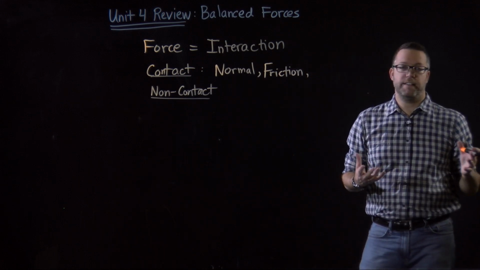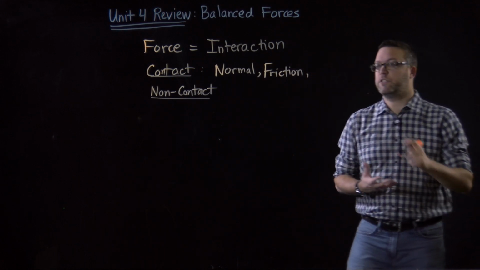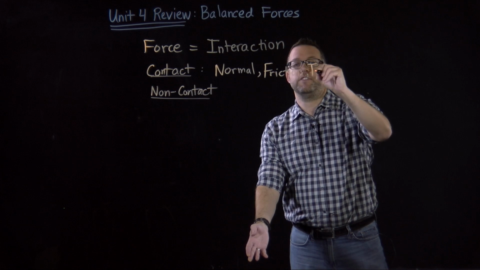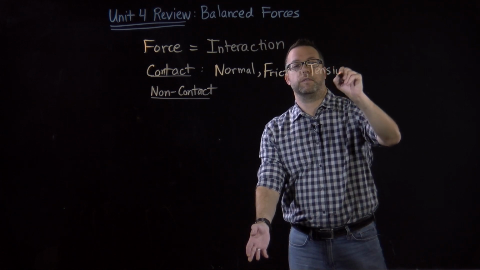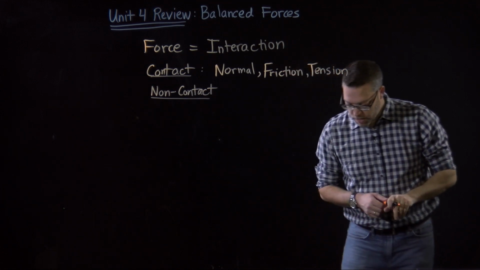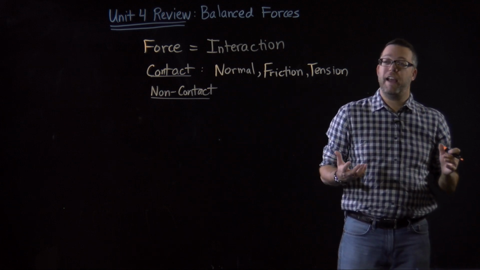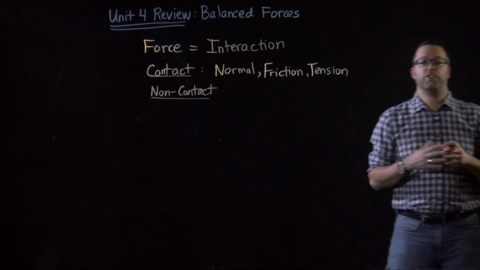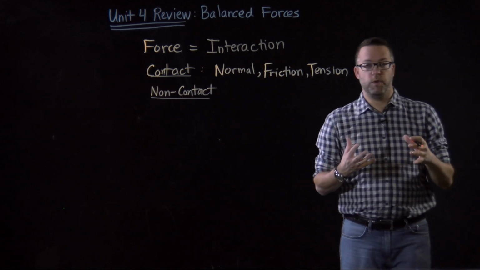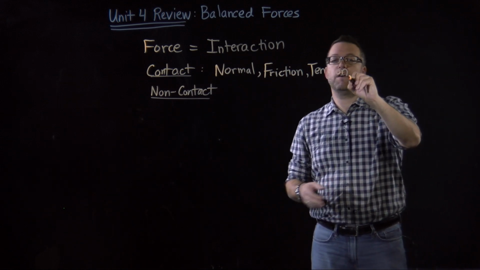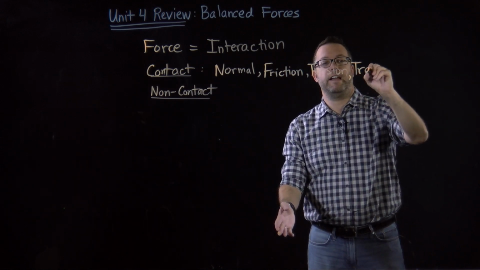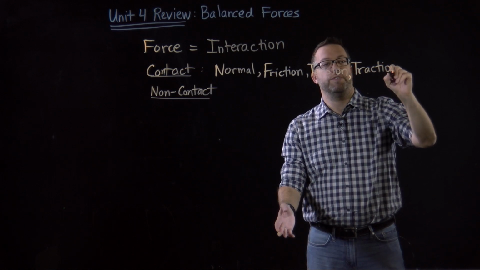There are forces that exist in chains, ropes, and strings, and we call that the tension force. And we can even have a type of friction that pushes us forwards, and that's what we sometimes call traction. So that's a kind of frictional force.